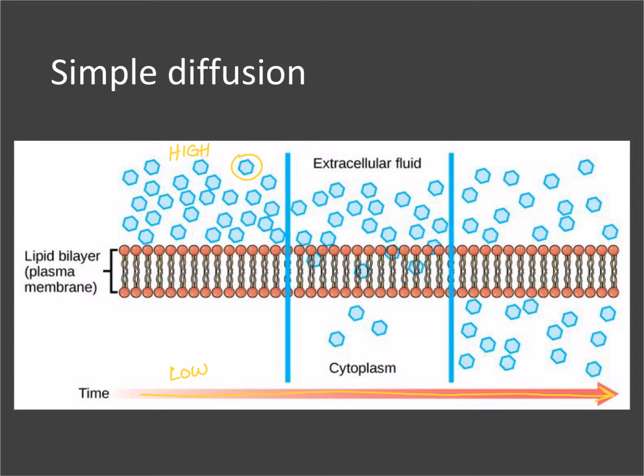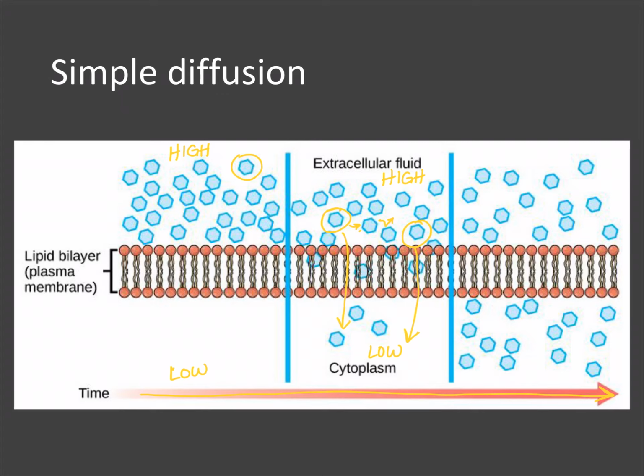And what's happening is that these little molecules are vibrating and bouncing off of each other. And as they bounce off of each other, they start to bounce away from each other. Now, if this is a substance that can cross the cell membrane, as they bounce off of each other, they're going to bounce across that cell membrane. And so more and more of these are going to be moving from the area of high concentration to an area of lower concentration.